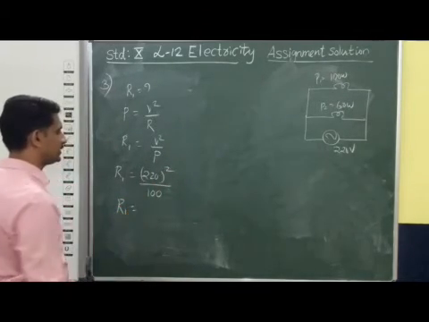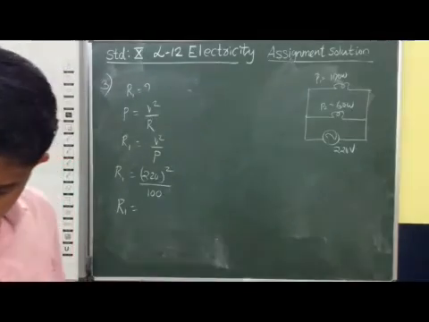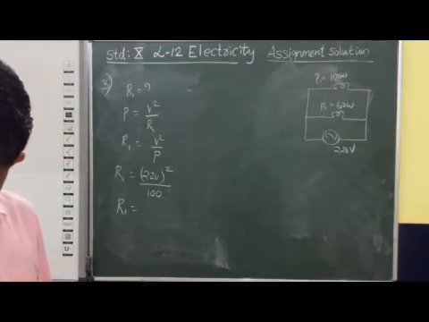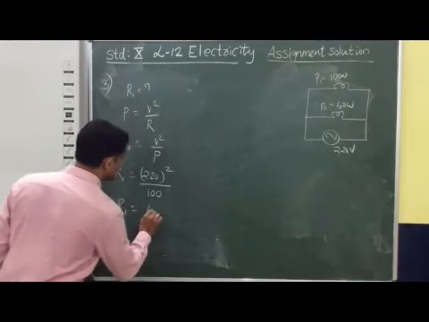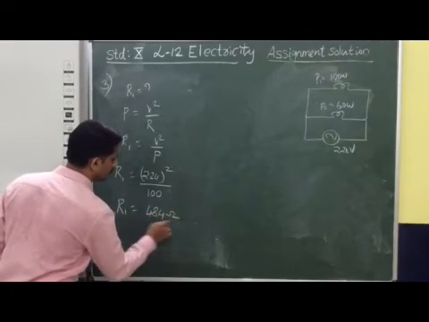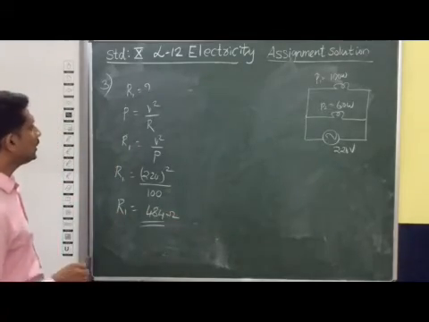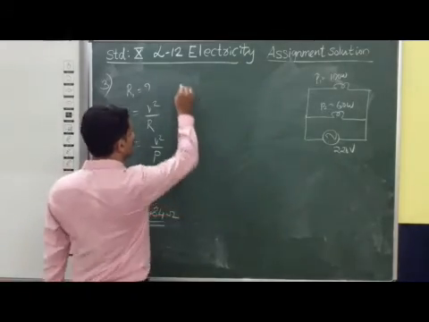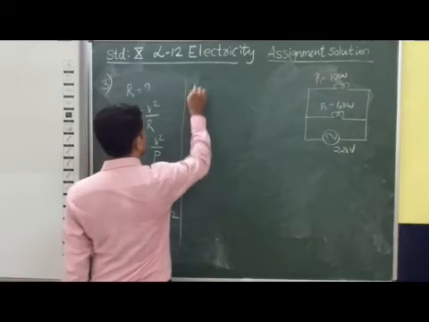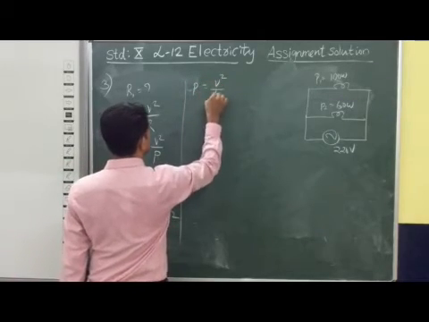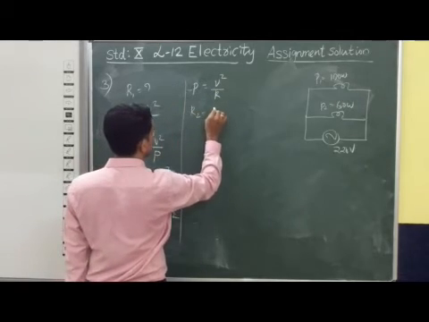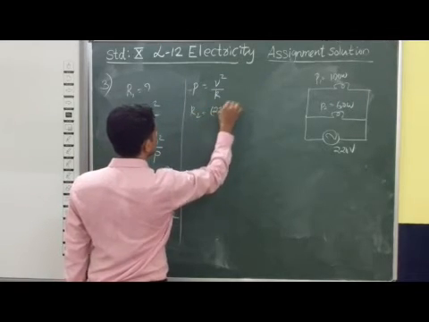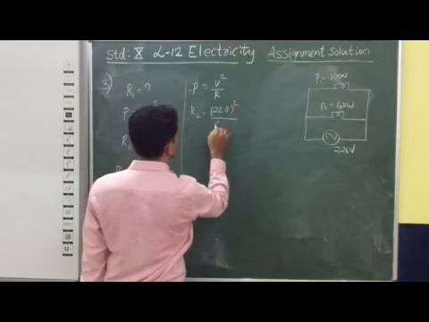So R1 is 484 ohm. Now we can calculate the value of R2 also, using the same formula P is equal to V squared divided by R. R2 is equal to 220 squared divided by 60.